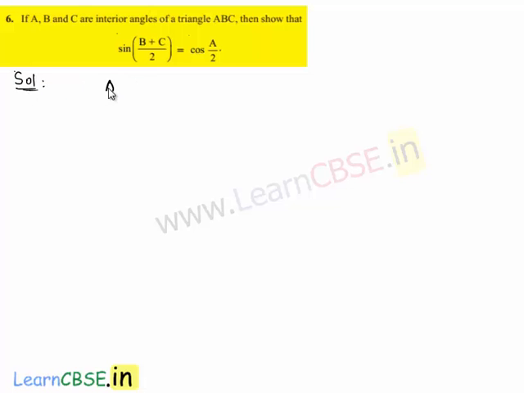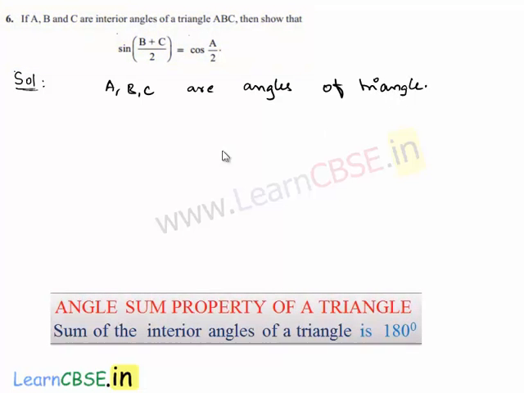If A, B, C are angles of a triangle, then we have a condition that the sum of angles of a triangle is equal to 180 degrees.